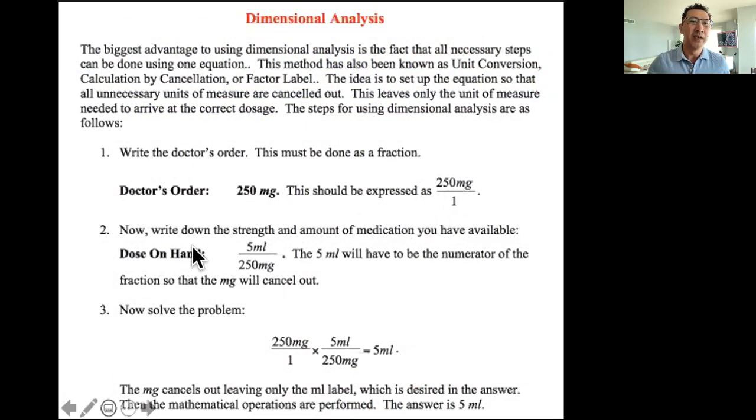Now write down the amount and the strength of the medication you have available. In this case, our medication comes in 5 ml at 250 milligrams. Okay, so now I will set it up like this. 250 milligrams over 1 times 5 ml over 250 milligrams equals 5 ml.